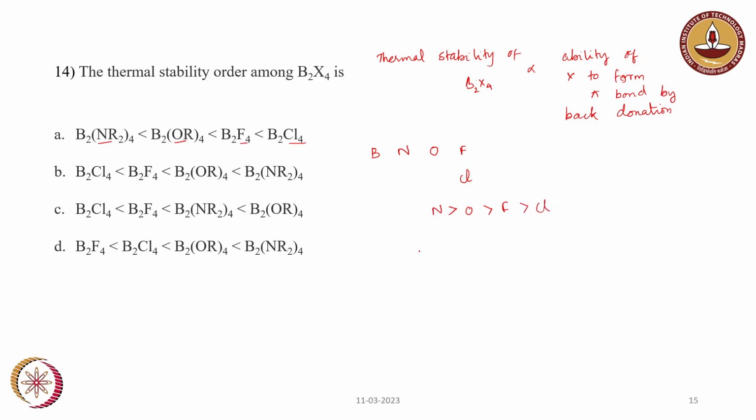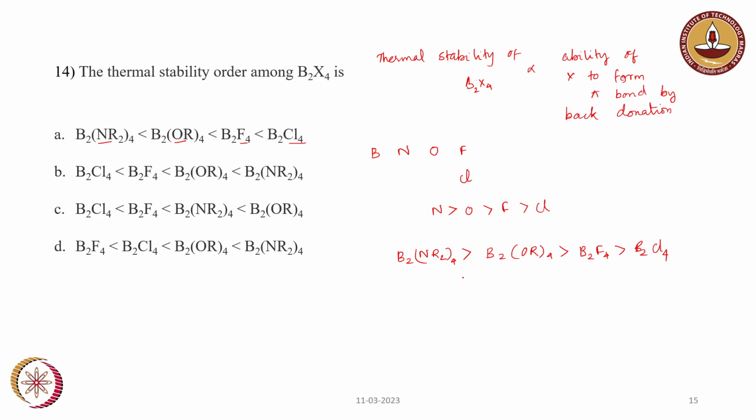So the thermal stability will be B2(NR2)4, that will be the highest. Then B2(OR)4, then B2F4, then B2Cl4.